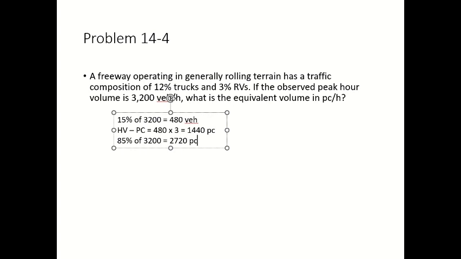So what is the equivalent total now? You added 1440 and 2720, right? So you see 3,200 converted to passenger cars. They applied the factor directly to the percentage of vehicles which were heavy vehicles. This is one way of doing it.